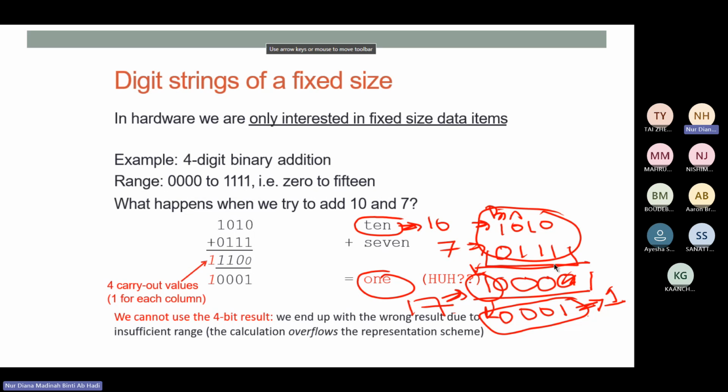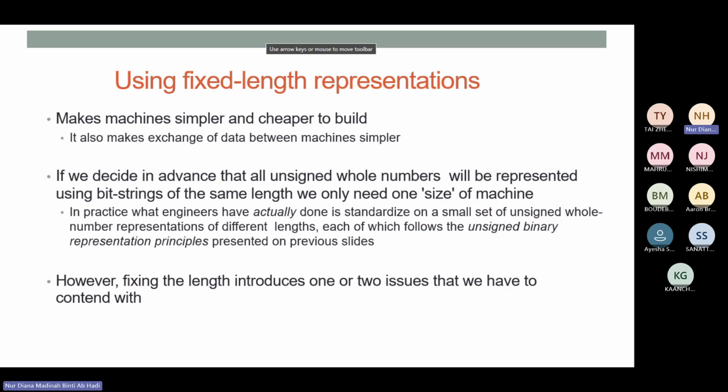So far, do you have any question for this one? No? So, when we use a fixed length representation, it makes your machine simpler and cheaper to build. Okay? So, the exchange of your data between your machines also will be simpler.